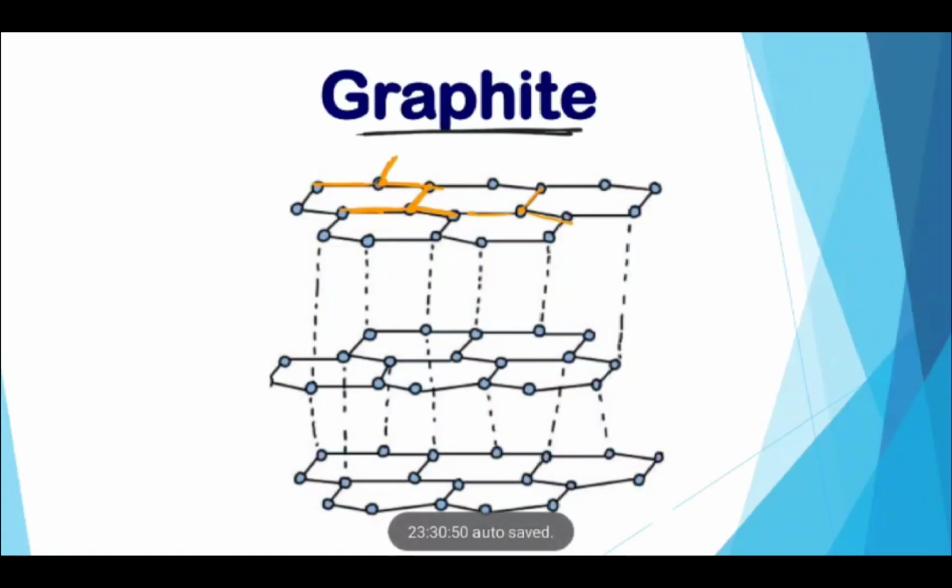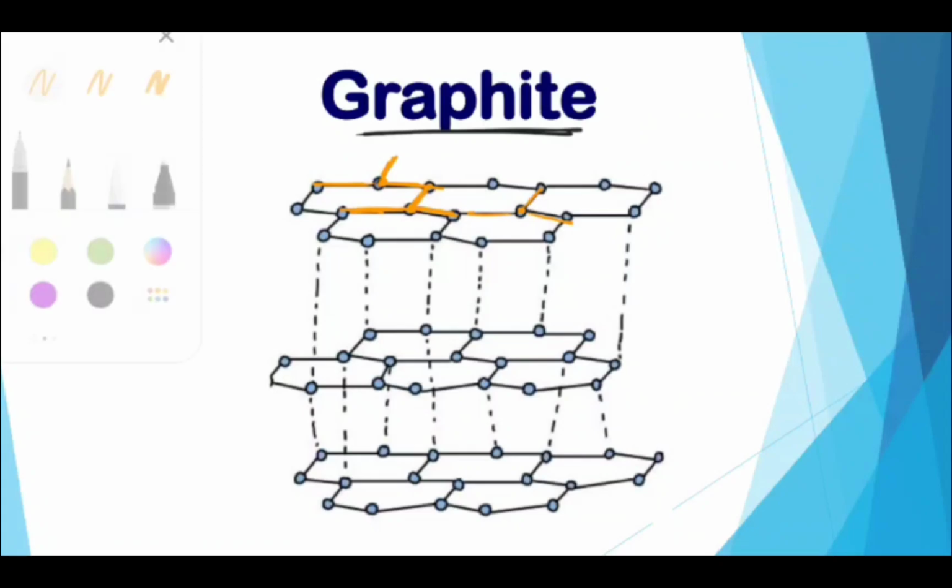So the softness of graphite is only because it does not have the 4th bond, and because of which it has only 3 bonds, and it becomes a soft material, though the main atom is carbon.